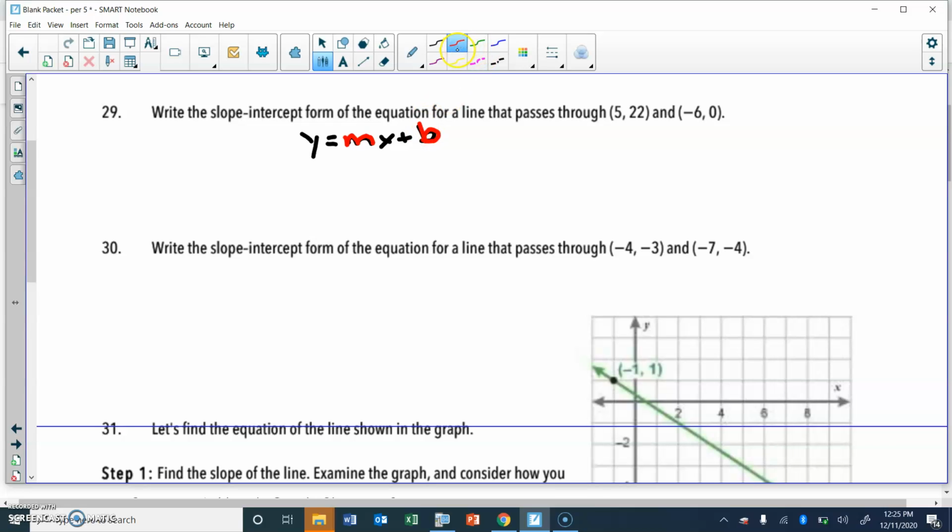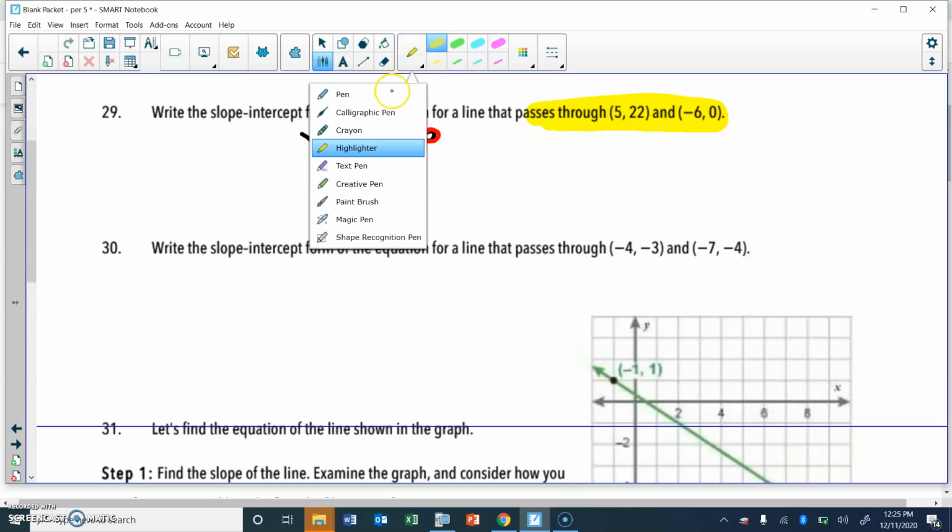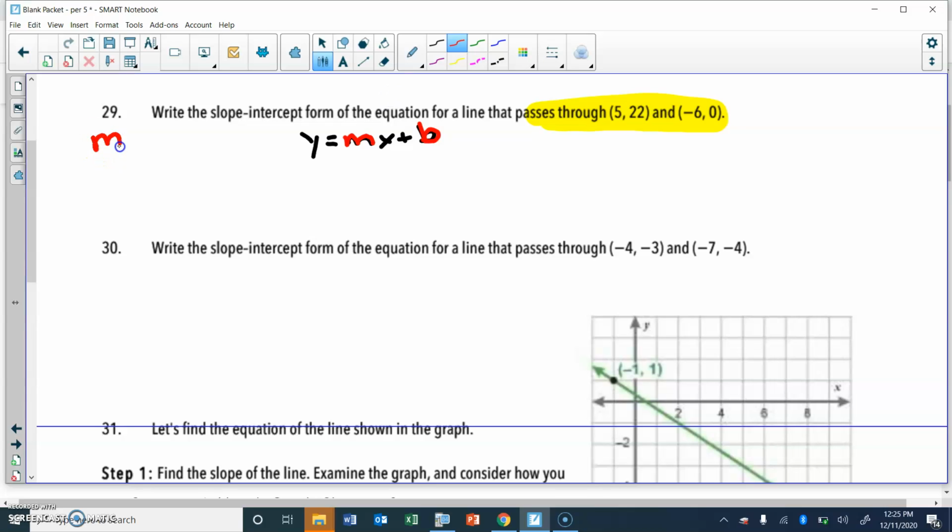Okay? All right, so now let's see what else it has to say. So what you really have to write down is passes through the points (5, 22) and (-6, 0), which is not our slope. It's not our y-intercept, but we do have 2 xy pairs. You just pick one, whichever one you want to use.